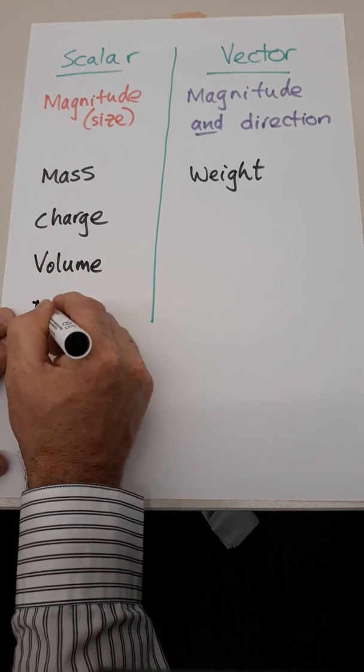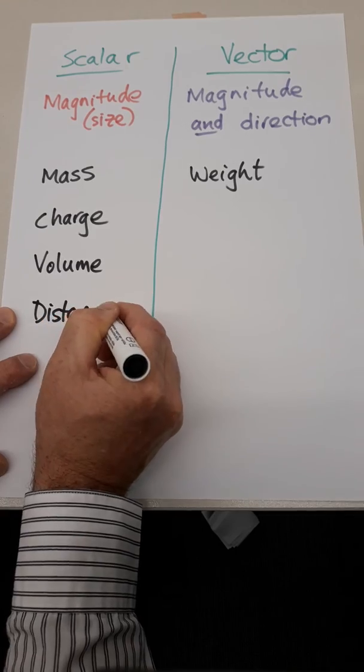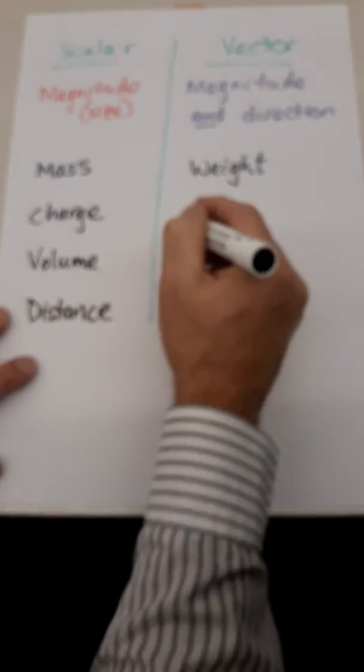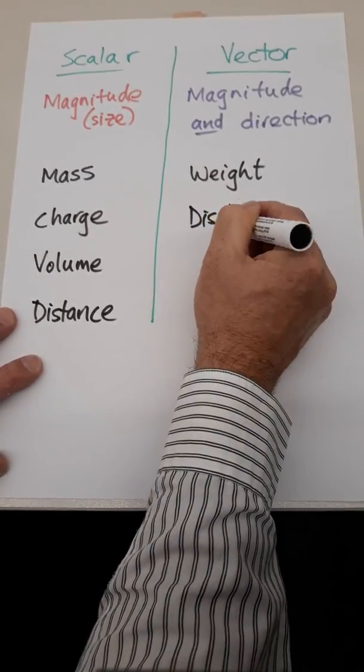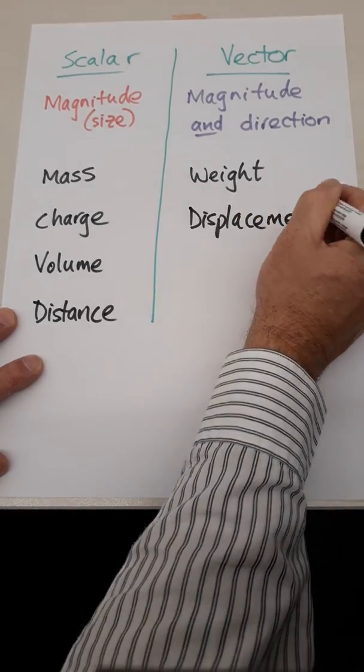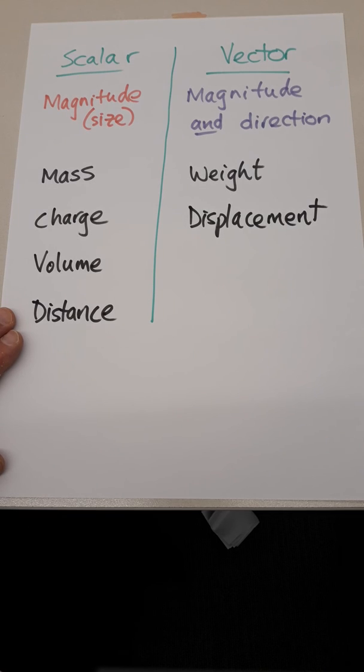And some words we have to be careful with. Distance. Distance is scalar, but displacement is about, I guess, location relative to some origin. And so you could be in a certain direction from that origin, whereas distance is just an amount of length.